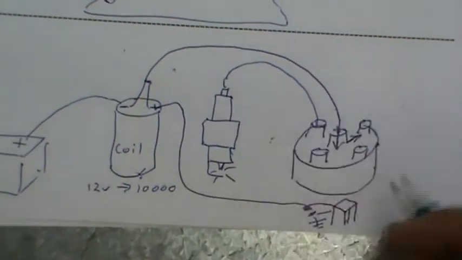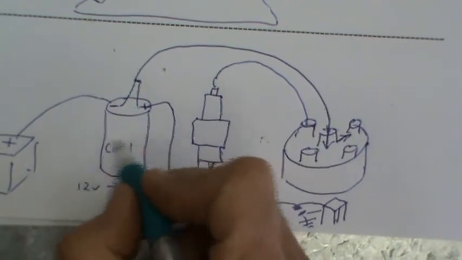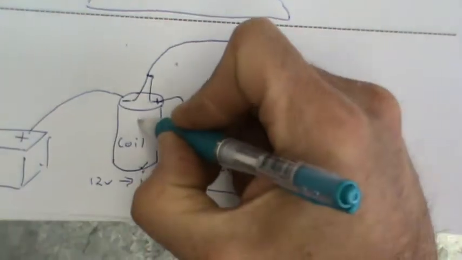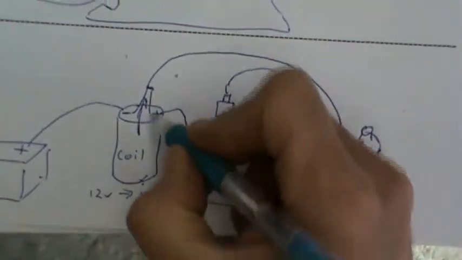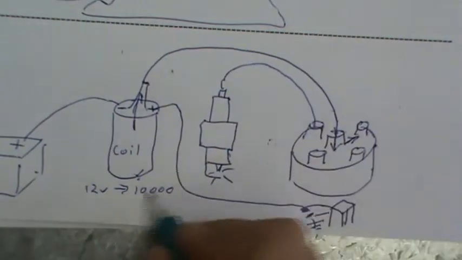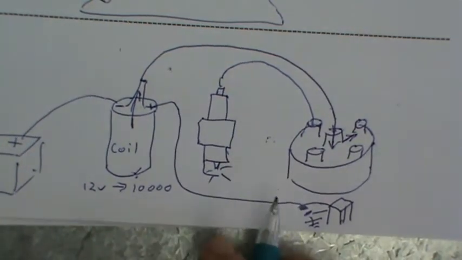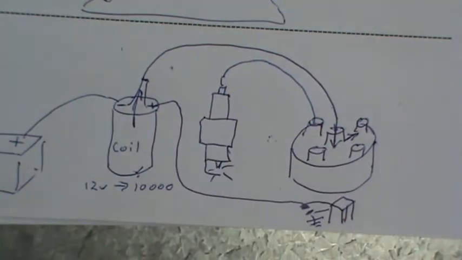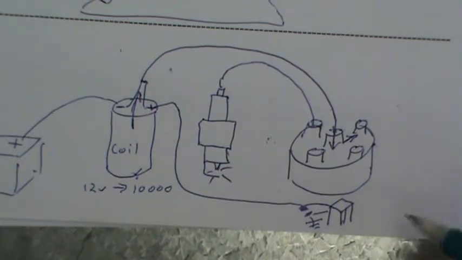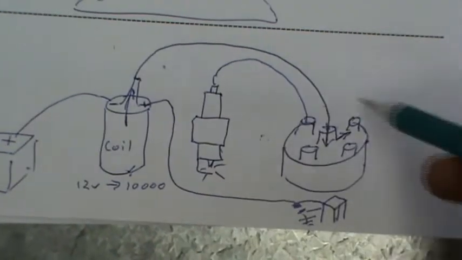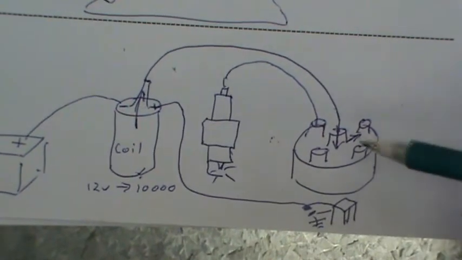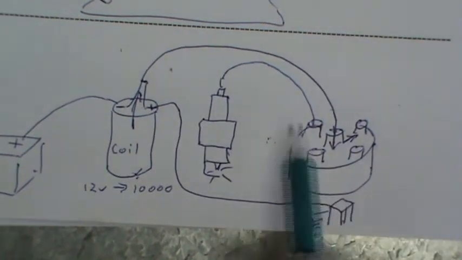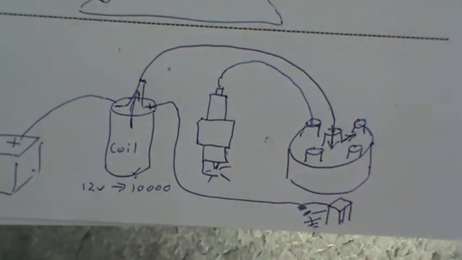When this opens, the coil magnetic field collapses into another coil which has got thousands of windings and zaps out the 10,000 volts. So it's a very simple system. It's been around for a long time, over 100 years. Now we've got electronic ignition, which replaces our points, but our vehicles are pretty much using the same sort of technology.